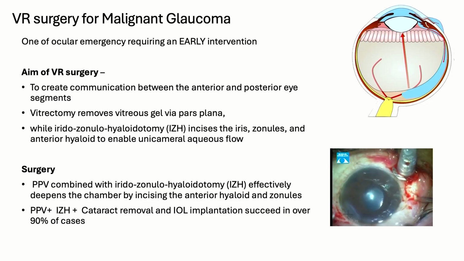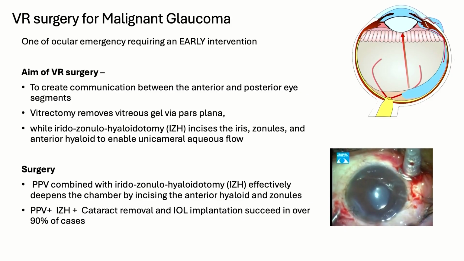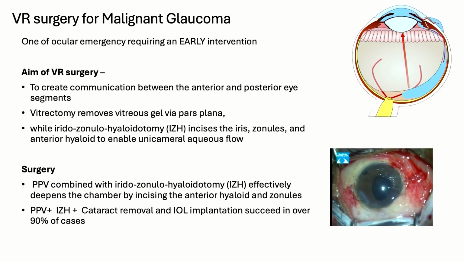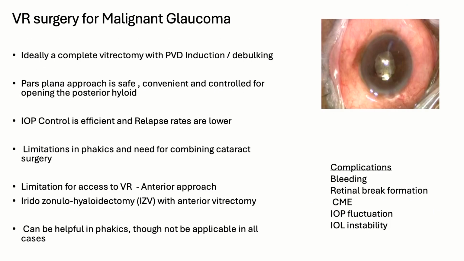An ideal way to manage is by the VR surgeon rather than the anterior segment surgeon, because as a VR surgeon we are supposed to induce the PVD, as I will show in the next video. As you saw in the schematic diagram, only when the vitreous comes off the retinal surface will the space be created. So PVD induction is a part of malignant glaucoma management. You cannot just have a small anterior vitrectomy and get away with that.